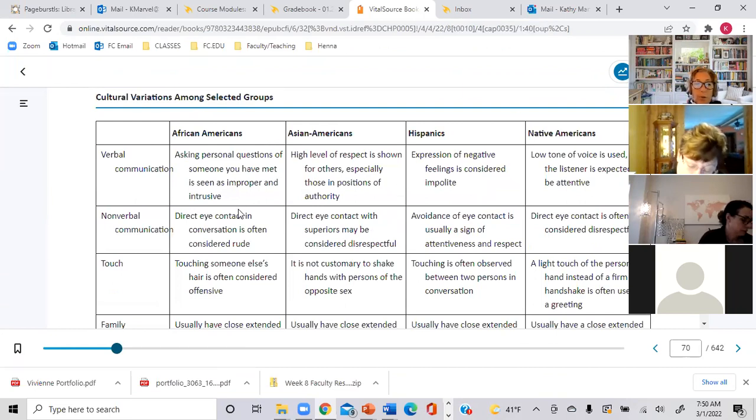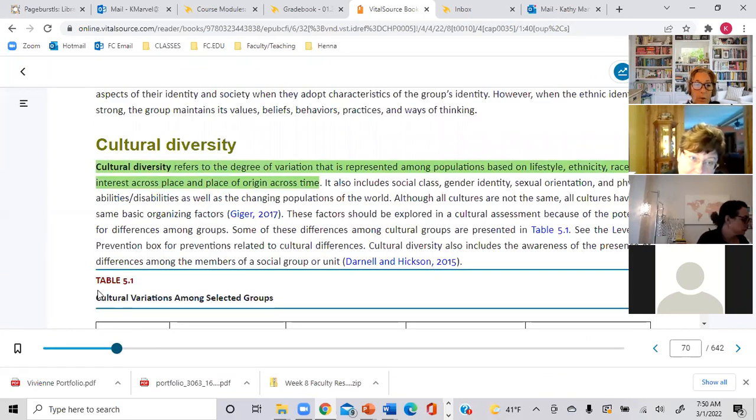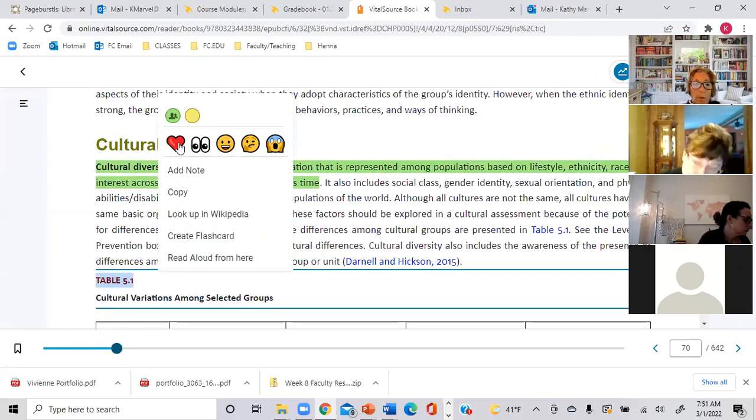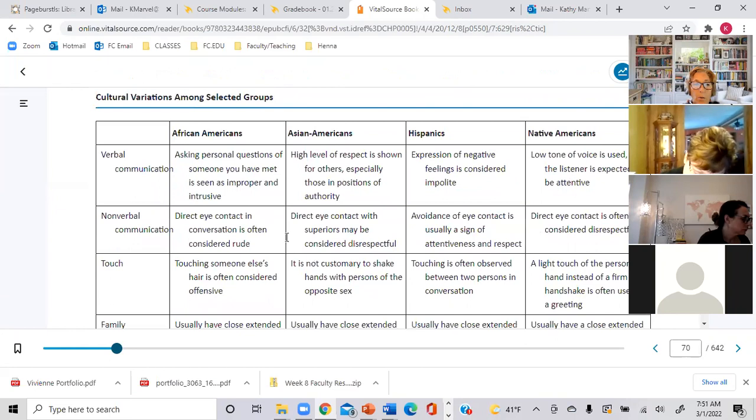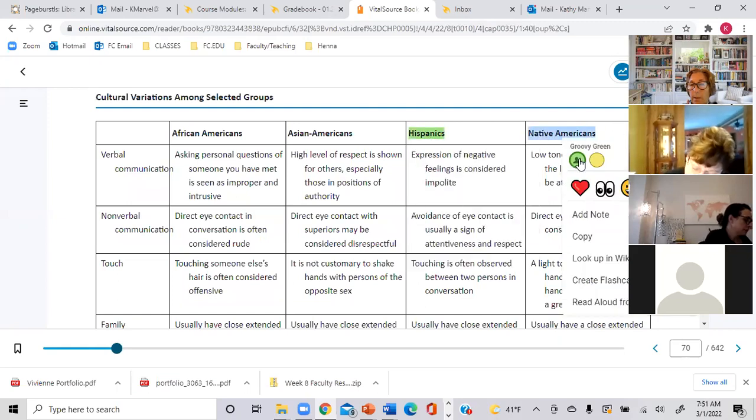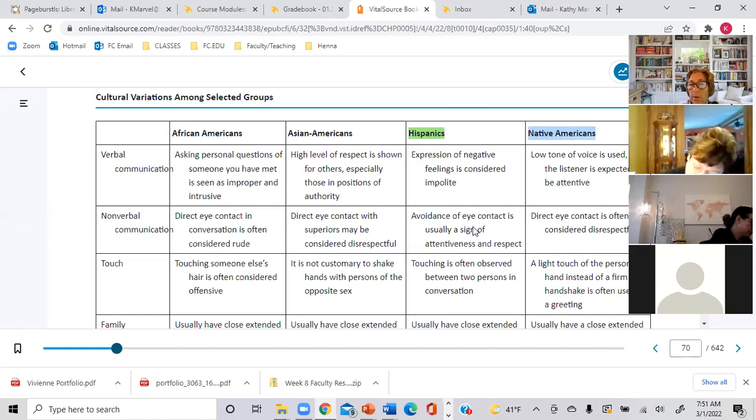I'd like for you to definitely have a look at table 5.1. You may be given a scenario. I'm going to make it a little bit more focused for you. I'd like you to focus on the Hispanic section and the Native American section. These are some differences, cultural variations among selected groups.